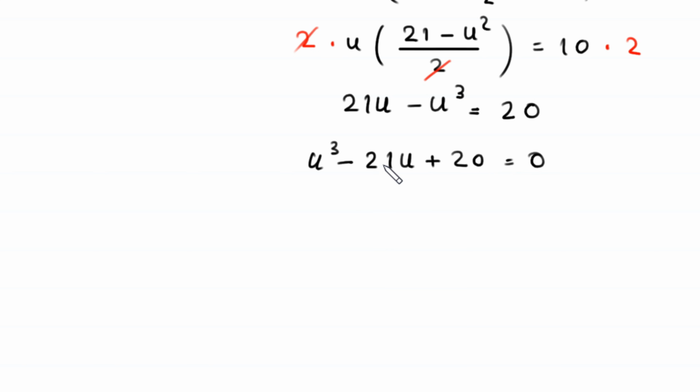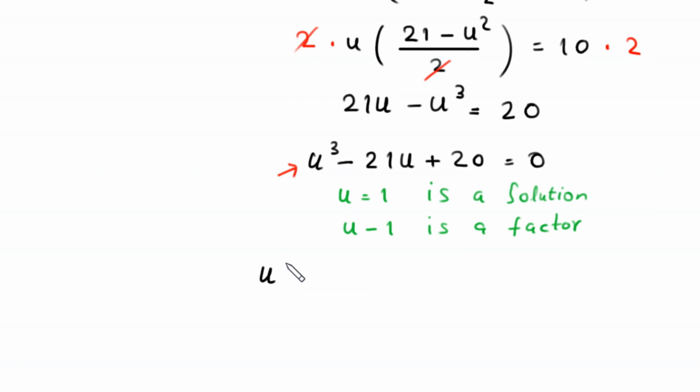Now it is obvious that u is equal to 1 is a solution of this cubic equation, which means that u minus 1 is a factor of this cubic equation. So we can rewrite this equation as u cubed, we subtract u squared and we add u squared.